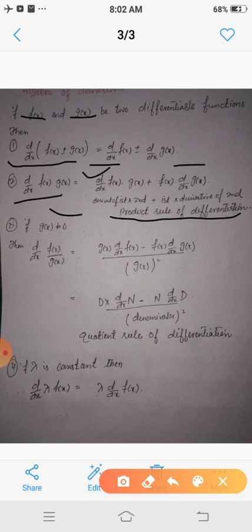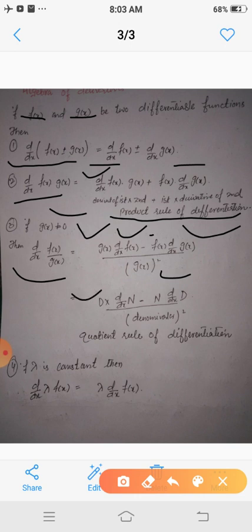Now if g(x) is not equal to 0, this means that the quotient function f(x) upon g(x) is defined. Then the derivative of this quotient function, that is d/dx of f(x) upon g(x), has the denominator squared in the denominator. In the numerator we have the denominator into differentiation of the numerator, that is d/dx of f(x), minus the numerator, that is f(x), into differentiation of the denominator, that is d/dx of g(x).